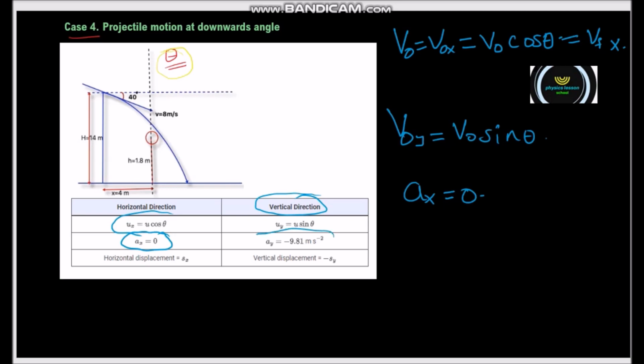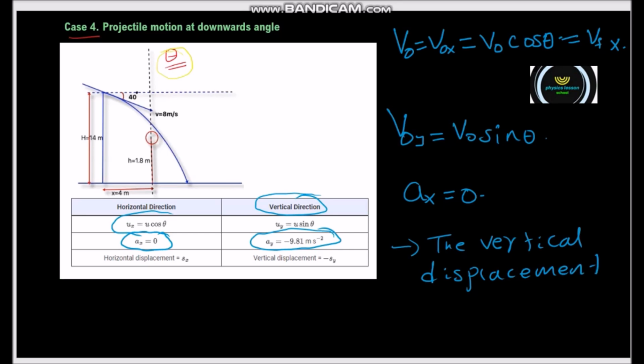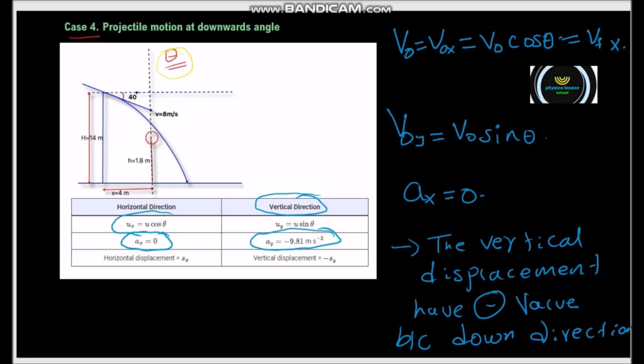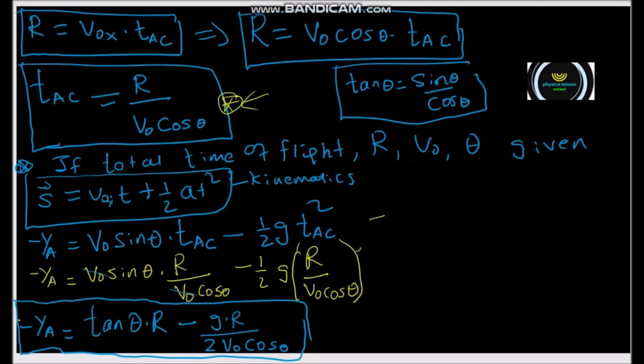The acceleration here is the same, negative 9.8 meters per second squared, and the vertical displacement is always negative because it's downward. Even in the previous calculation, you see we use negative.